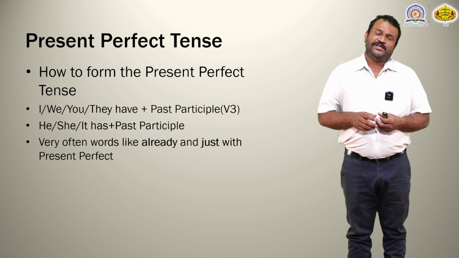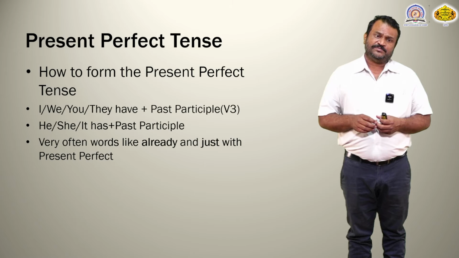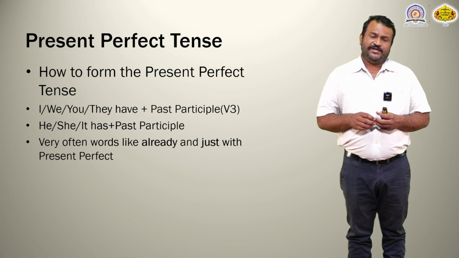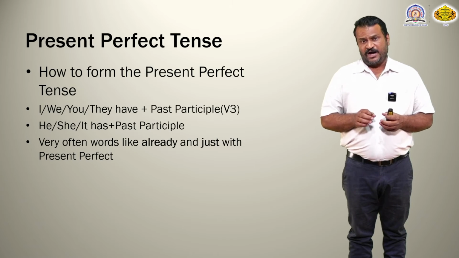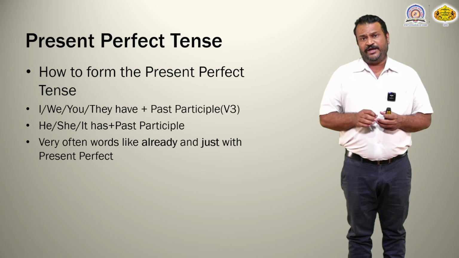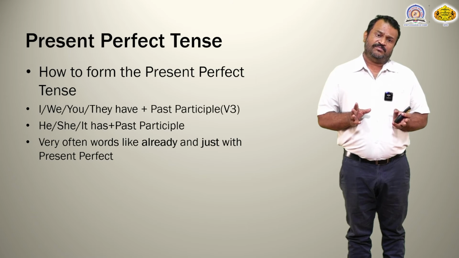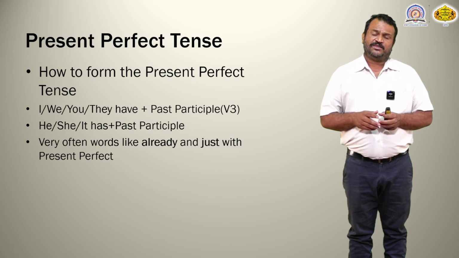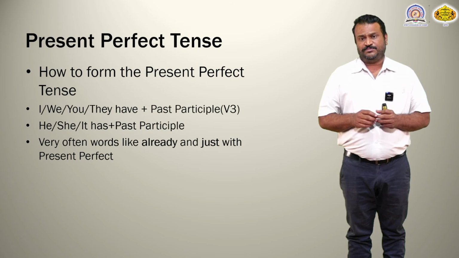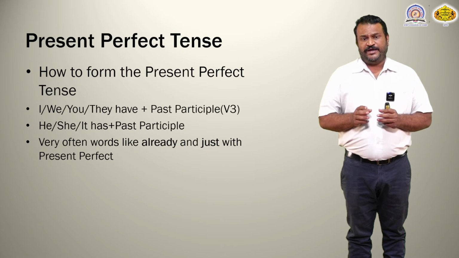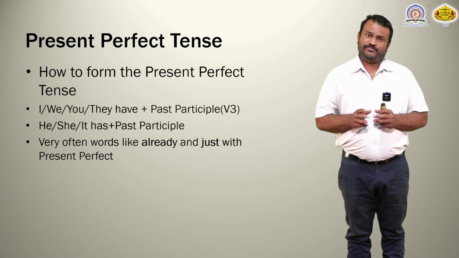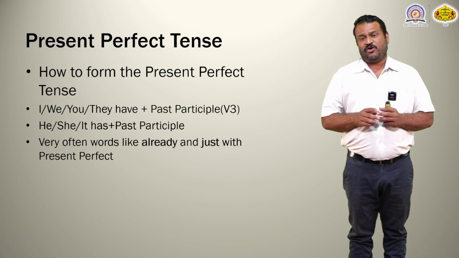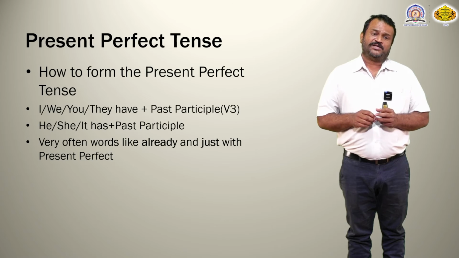Next tense is present perfect tense. There is a simple rule. I, we, you, they, have plus past participle. Past participle means the third form of the verb. He, she, it, singular. When we talk about the third person singular, we use has instead of have plus past participle.